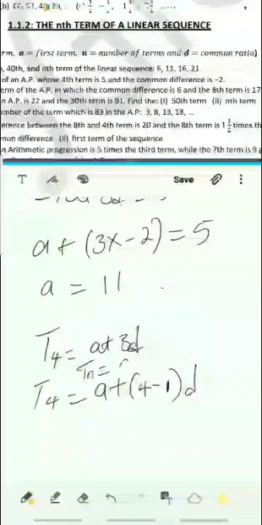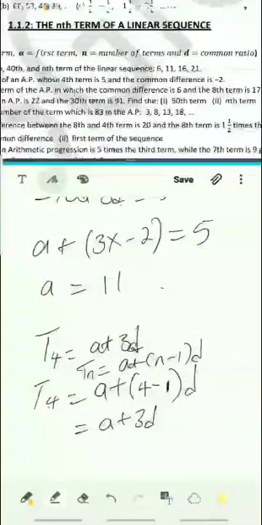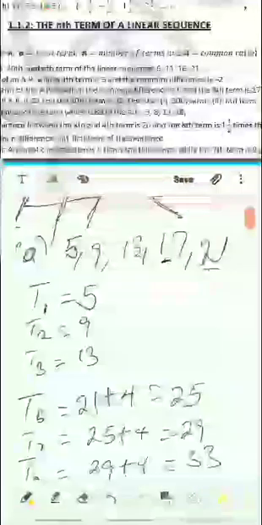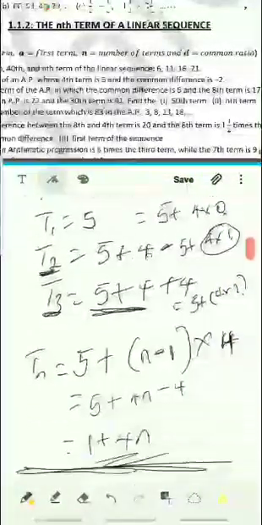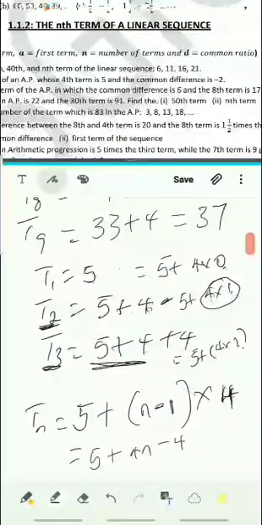If you are using the nth term, A plus n minus 1 D, for T4, n is 4, so 4 minus 1, giving you A plus 3D. And if you remember what I was explaining from the beginning, for each term given, the multiple of the common difference is always 1 less than the given term.